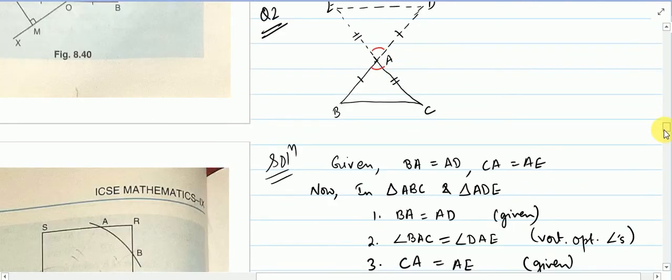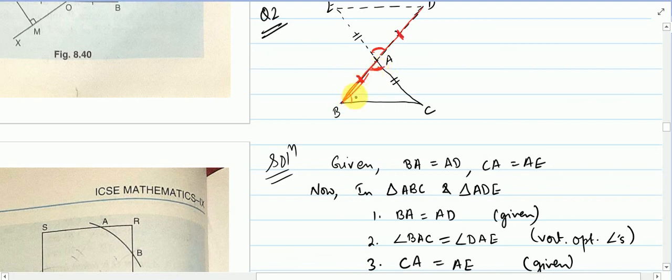And once these two triangles are congruent, then corresponding sides. So you can see that this angle is here, this angle is here, this side includes this angle. Okay, clear? And this is equal to this. For this triangle, you have this angle here and this side. For this triangle, you have this side and this angle.